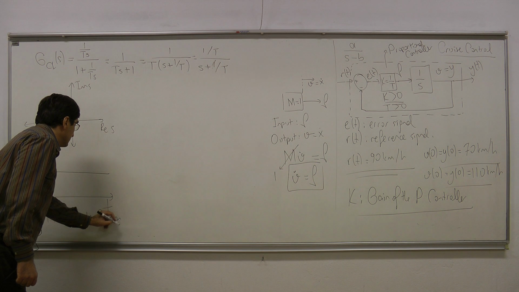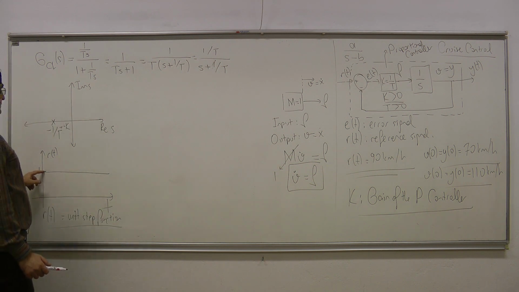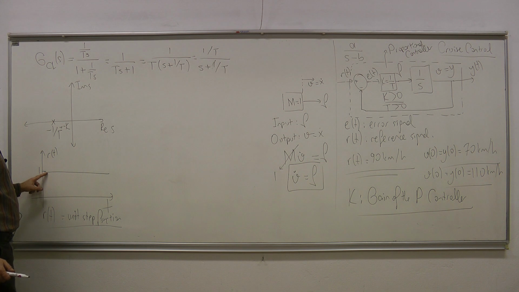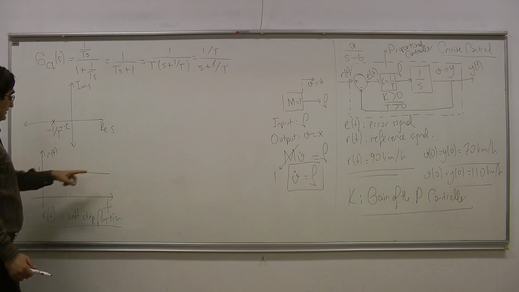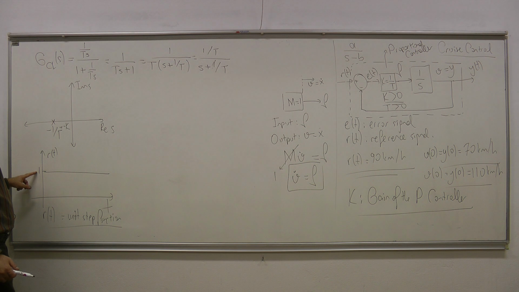What does this mean? This means that we would like the velocity of the mass to come from 0 initial condition to 1 kilometer per hour. Okay? So this is the reference signal. So we want the mass velocity to follow this signal, which means that we want the velocity of the mass to be equal to 1 kilometers per hour.